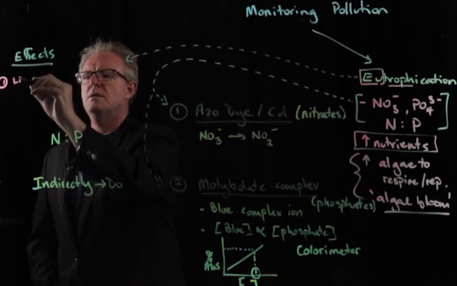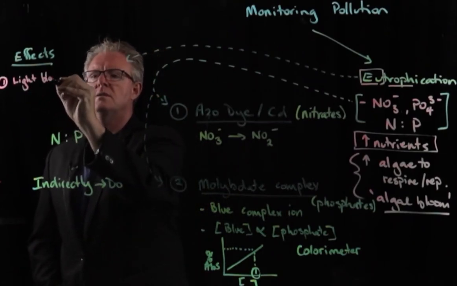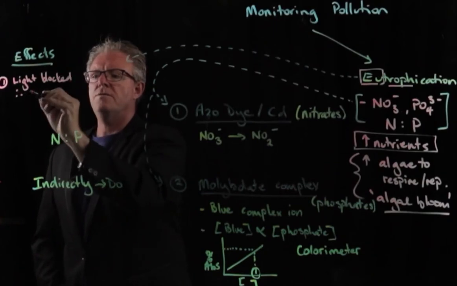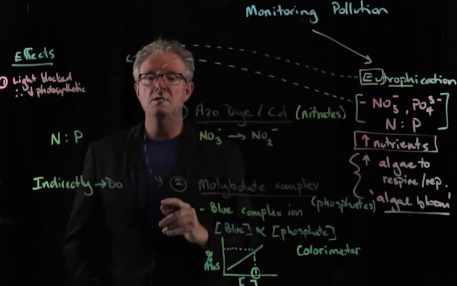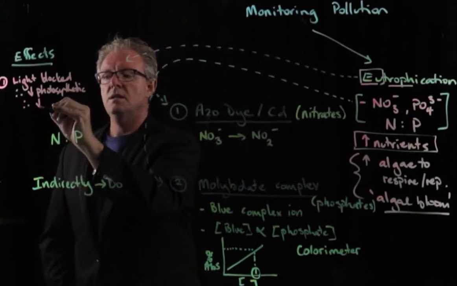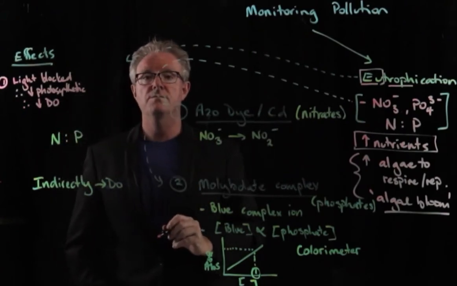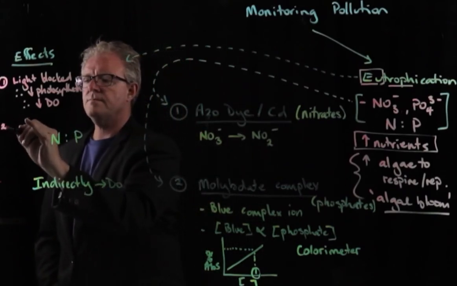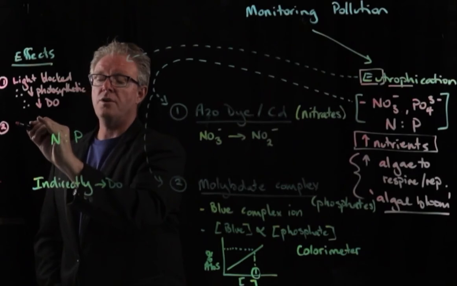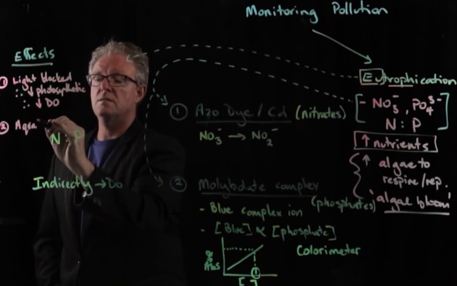So we get light being blocked, therefore a decrease in photosynthetic organisms, therefore a decrease in dissolved oxygen. If we get a decrease in dissolved oxygen, that's going to have an impact on aquatic animals and plants.